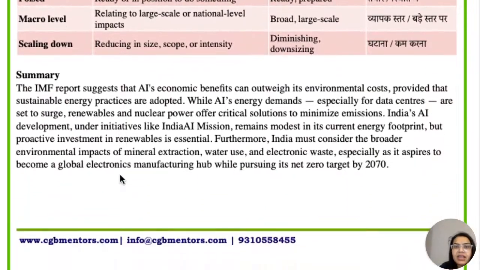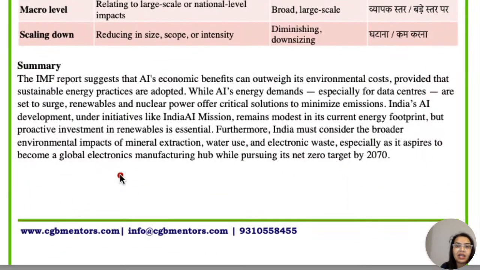So let's first see the exam angle, because for pressy you need to understand and filter the summary, and this is the sample of it. The IMF report suggests that AI's economic benefits can outweigh its environmental costs. Economically, if it is benefiting us so much, then people might overlook the environmental cost, provided that sustainable energy practices are adopted.